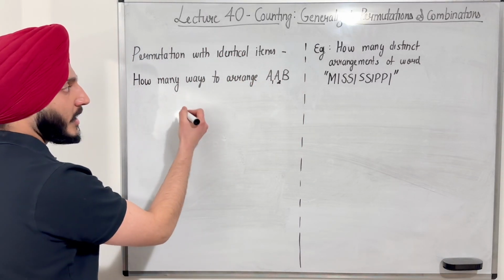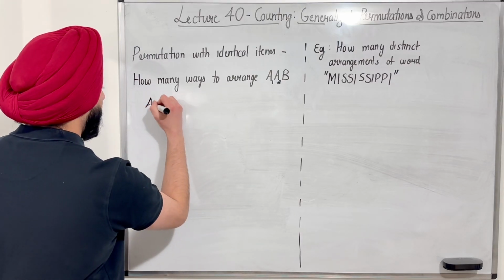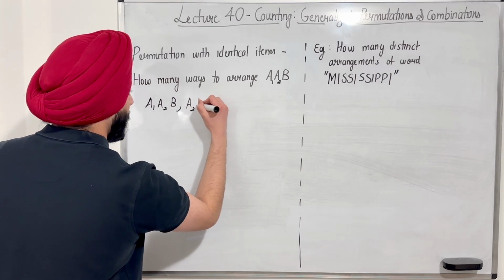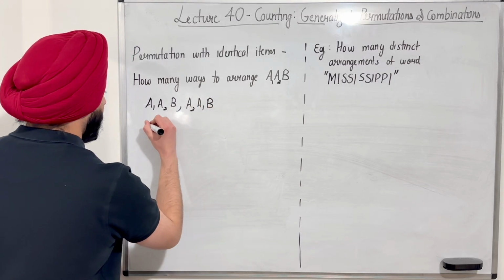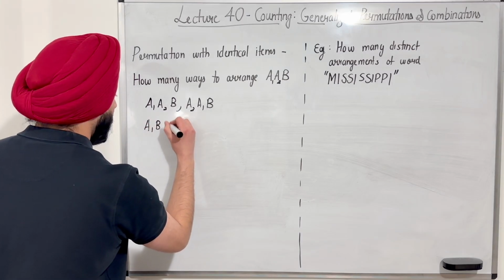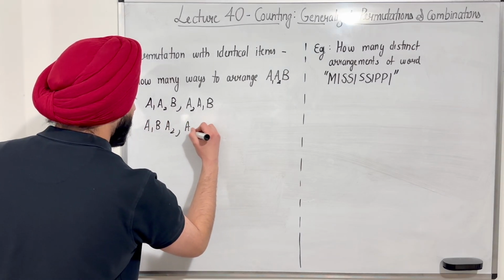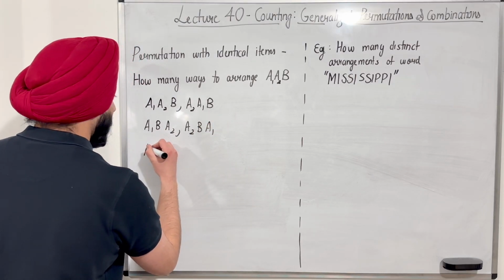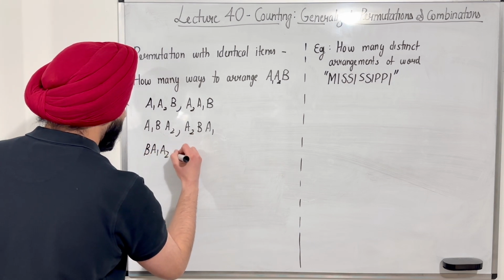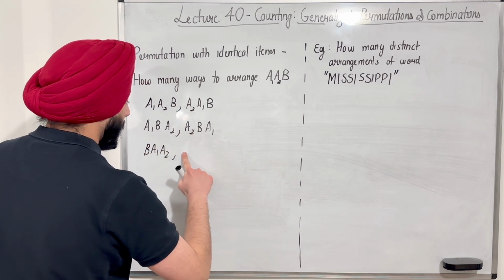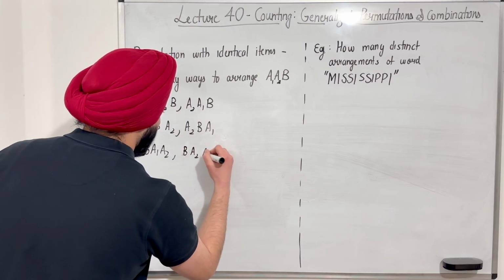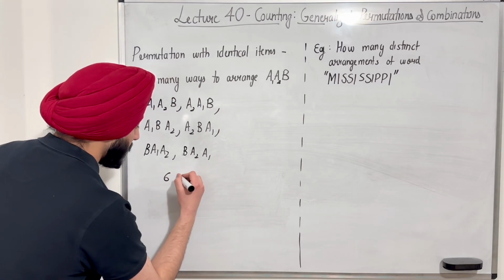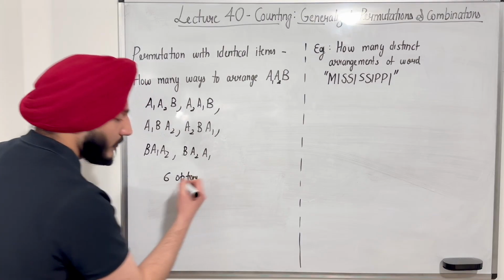So if I have to pick how many ways there are to arrange them, I can say A1 A2 B, A2 A1 B, A1 B A2, A2 B A1, and then B A1 A2, B A2 A1. In total I would have 6 options.